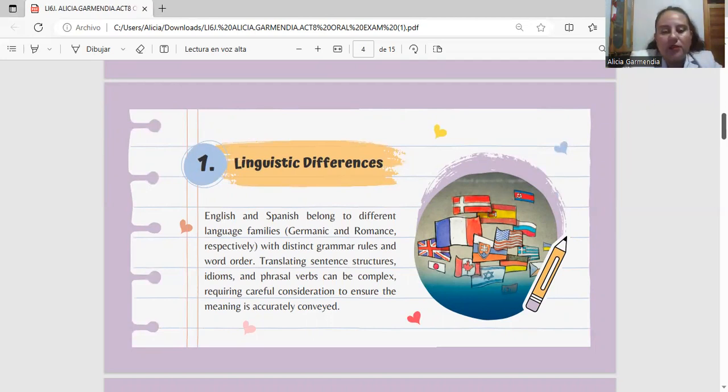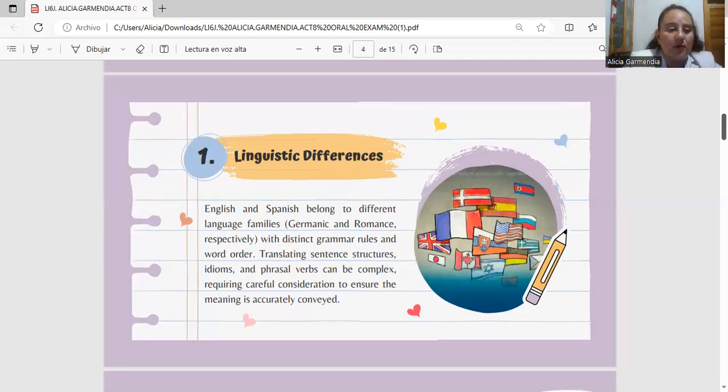For example, sometimes we find that the syntax and grammatical structure of English and Spanish can be very different in both cases.